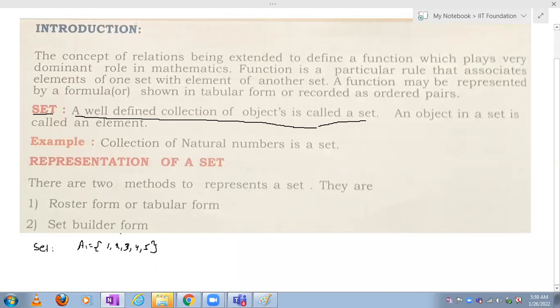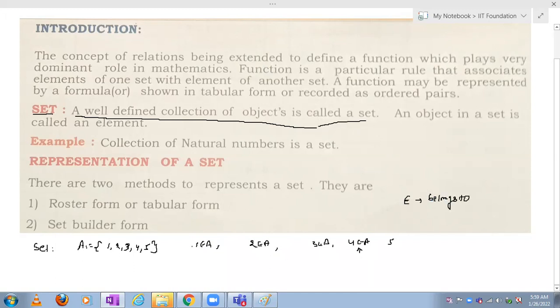An object in a set is called an element. Here, 1 is called an element. 1, 2, 3, 4, 5 are all elements of the set A. That means 1 belongs to A, 2 belongs to A, 3 belongs to set A, 4 also belongs to set A. This symbol is called belongs to.